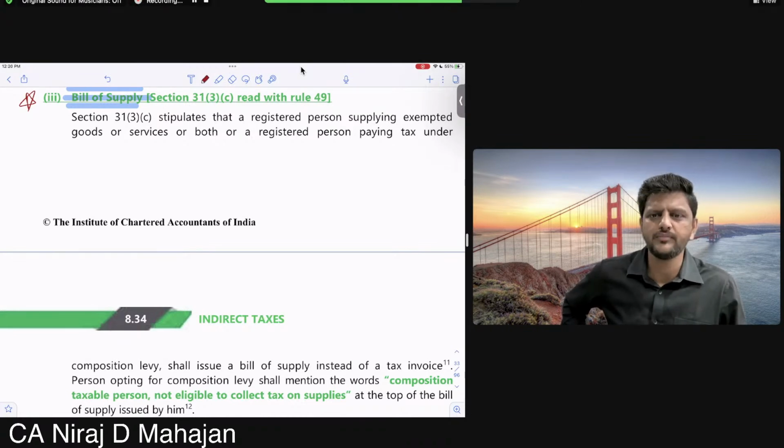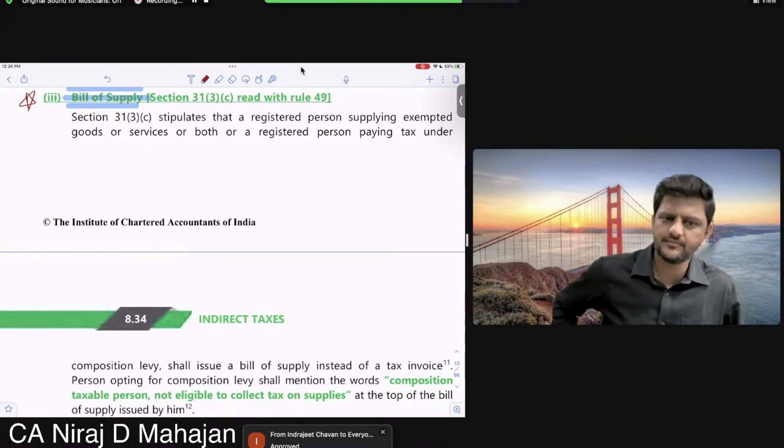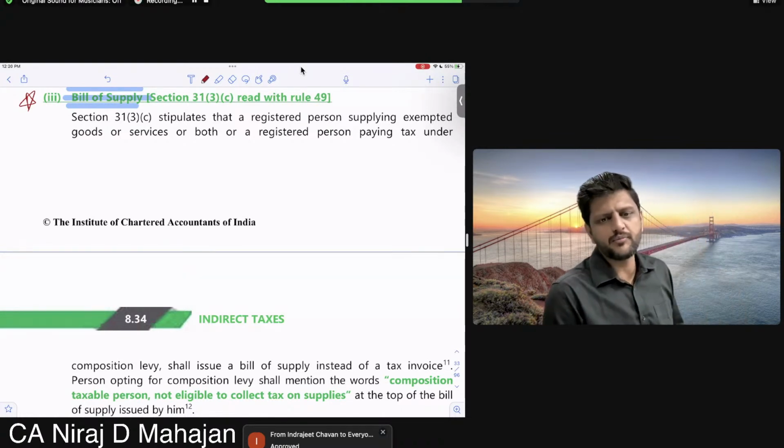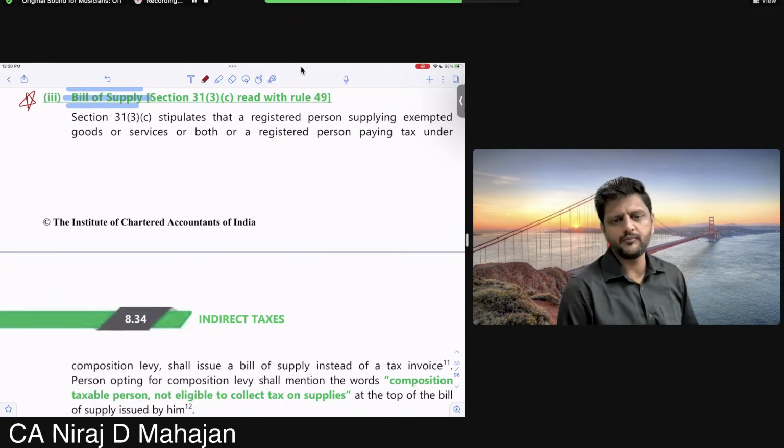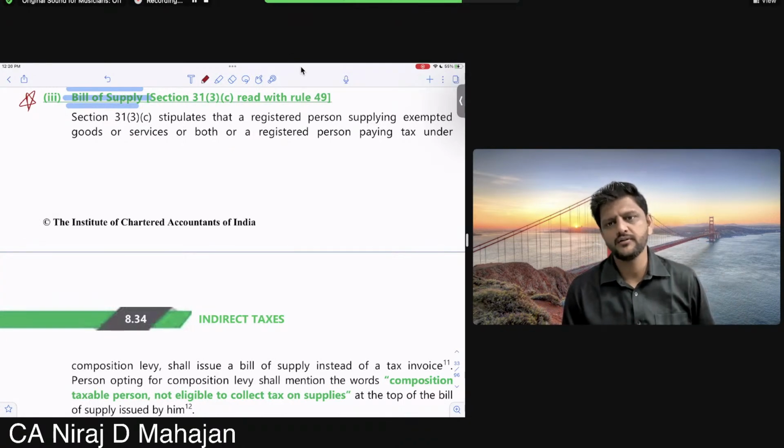Goods have been moved but supply is not done. Approval basis. Sale on approval or return basis. हाँ या ना? Isn't it? Can he generate a tax invoice? No. Why? Because supply is not yet finished or done.